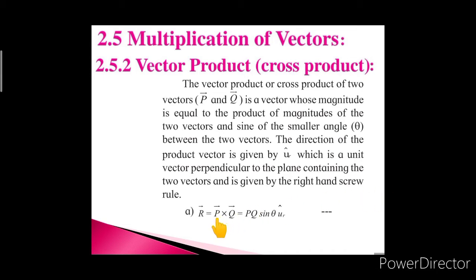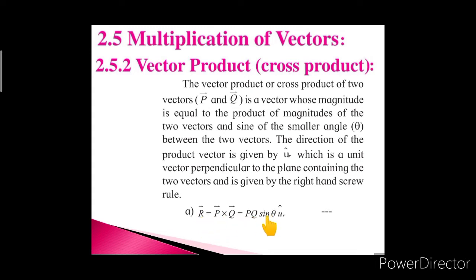we are multiplying vector P and vector Q, and hence we put a cross between them for the multiplication. That's why it is said to be a cross product also. So vector P cross vector Q is equal to vector R. Vector R is the result of the vector product, vector P cross vector Q. So what will be the value of vector R? Obviously vector R should have magnitude as well as direction.